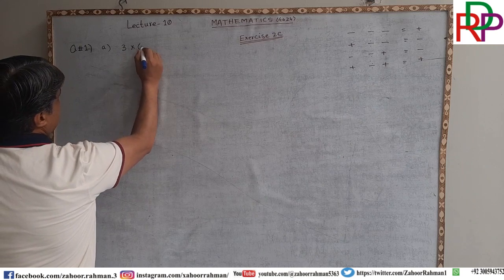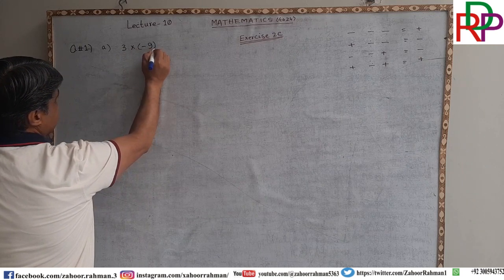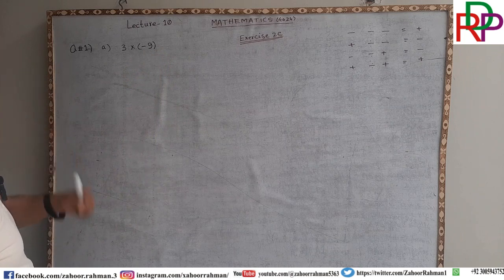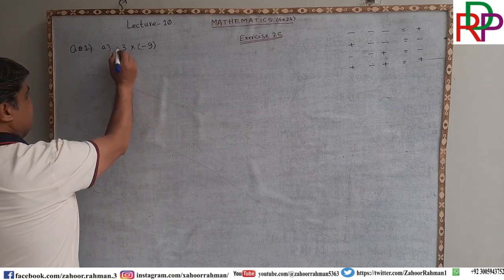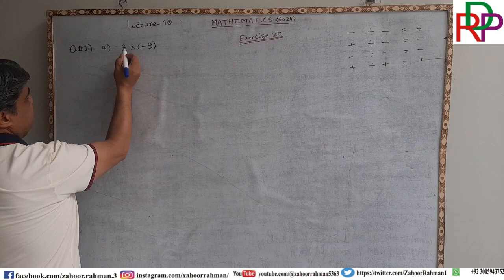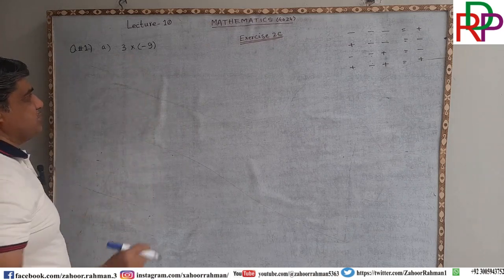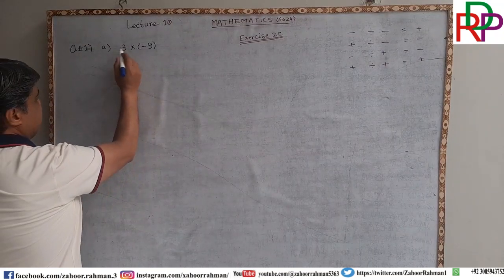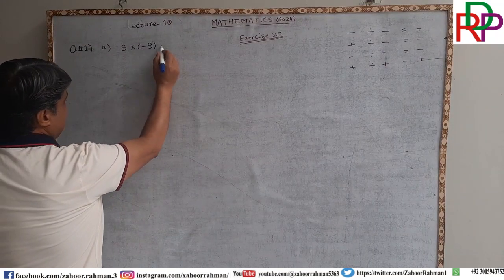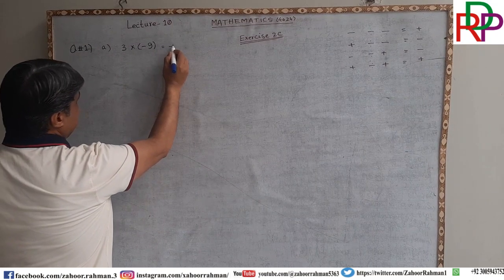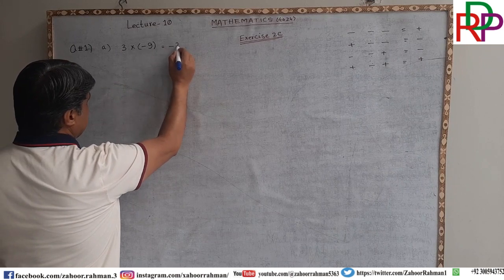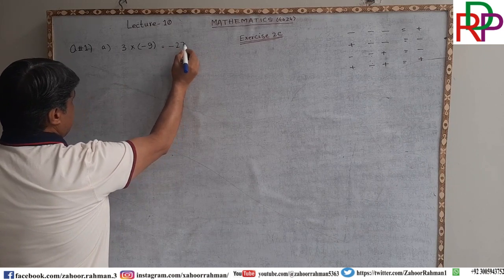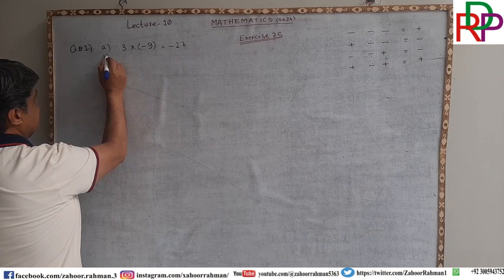I told you that if there is no symbol with a number, it is considered to be a positive number. So when positive and negative are multiplied, it will give you negative, and 3 nines are 27. So this is the answer.